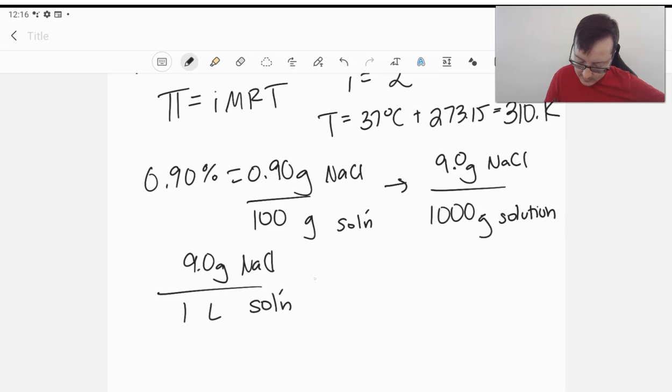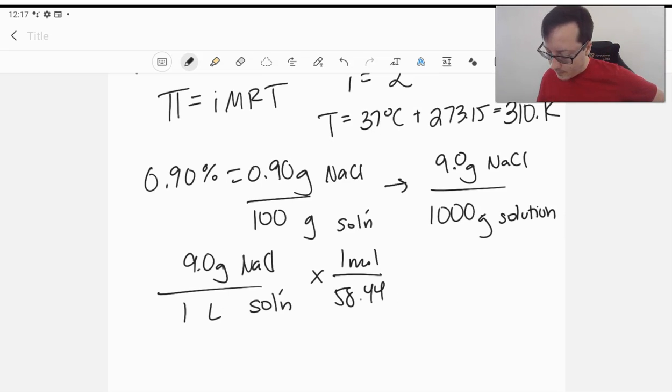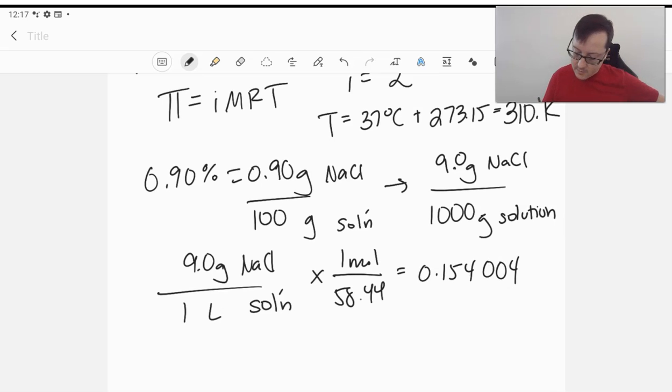So we divide by the molar mass, 58.44. So 9 divided by 58.44 is 0.154004 molar. Grams per liter converted to moles per liter, which is molar. We have 2 sig figs here.